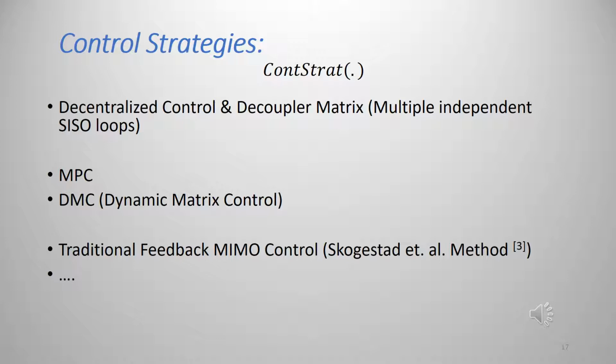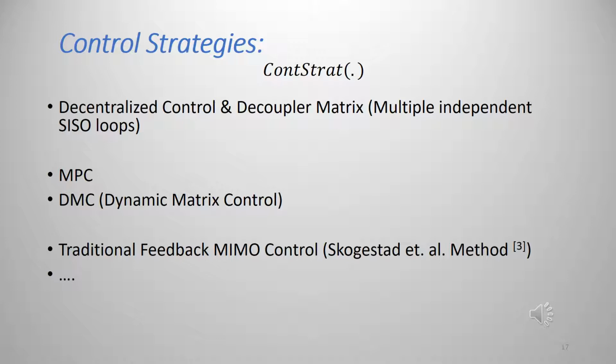In this case, we would have multiple independent SISO loops without any interaction, because we have eliminated the interaction using the decoupler matrix, since we had the model of the system.